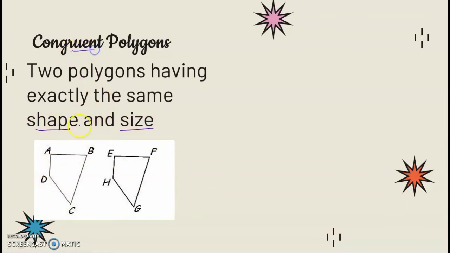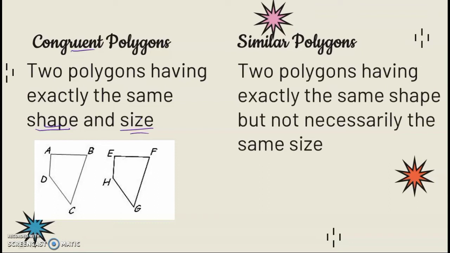So, pag sinabing congruent, parehas na parehas, shape tsaka yung size. Kapag similar polygons naman ang pinag-uusapan, ang meaning niya is two polygons having exactly the same shape but not necessarily the same size.